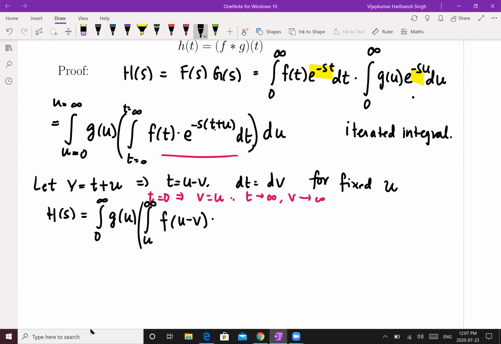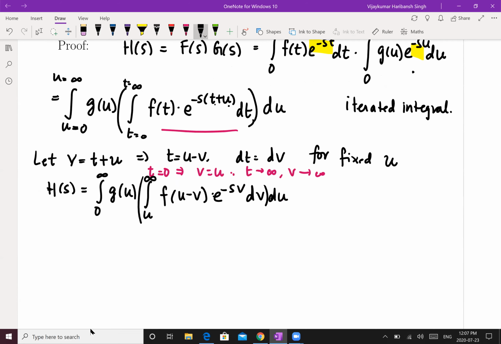Now t plus u is v, so this becomes e to the power minus sv dv du. Okay. So now let me rearrange this a bit. So this is going to be 0 to infinity g of u, f of v minus u, e to the power minus sv dv du.